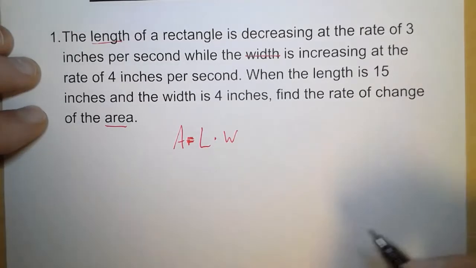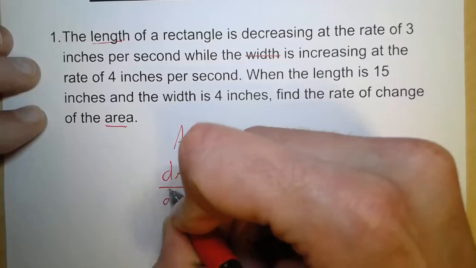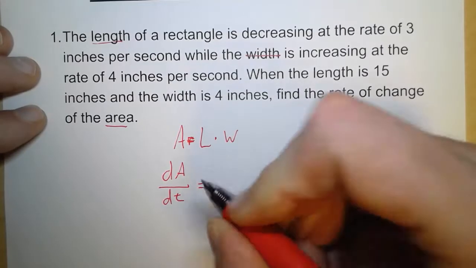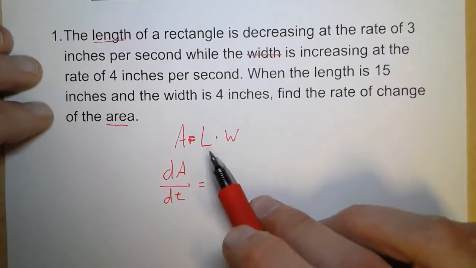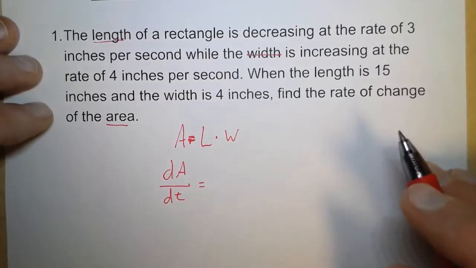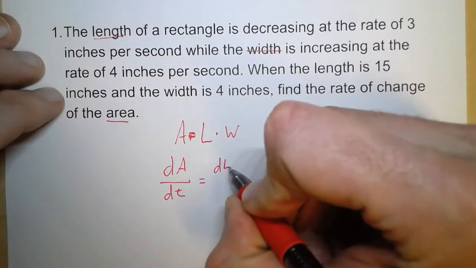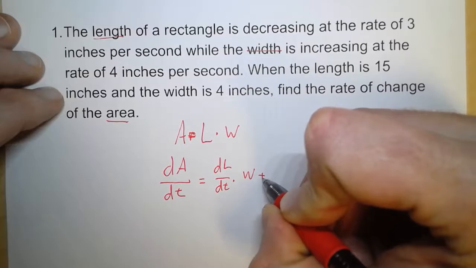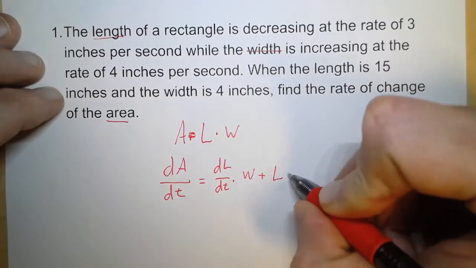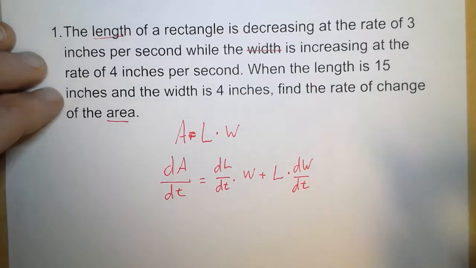So when we take the derivative of A is dA/dt, because remember, it's according to time, not according to length or to width. Now length and width are 2 quantities that are being multiplied, so we have to use product rule. So we have dl/dt times, and we leave w alone, plus, and then we leave l alone, times dw/dt.